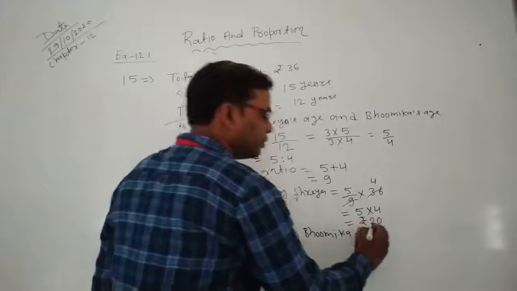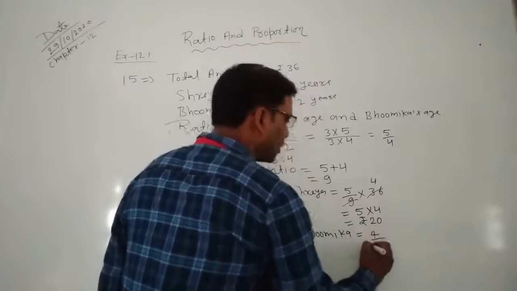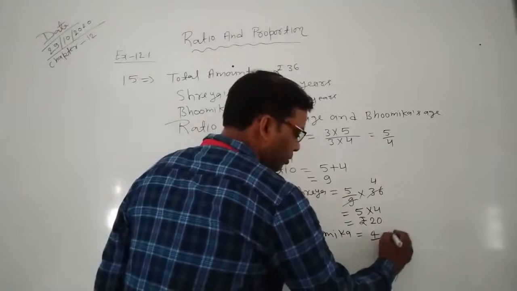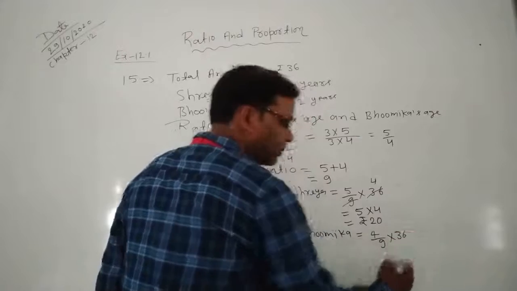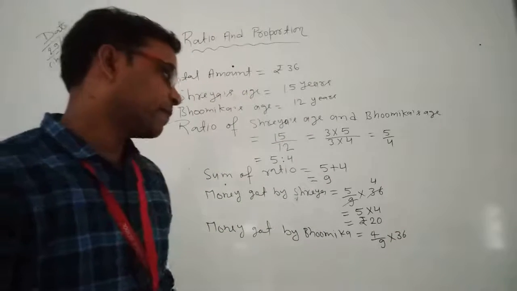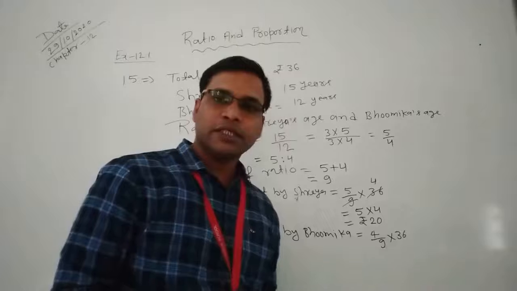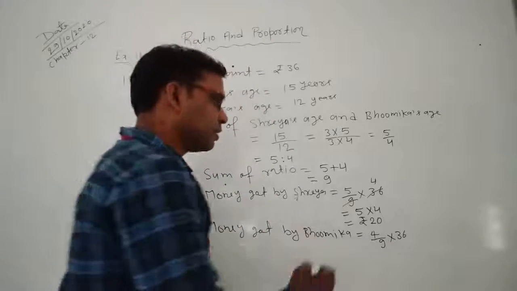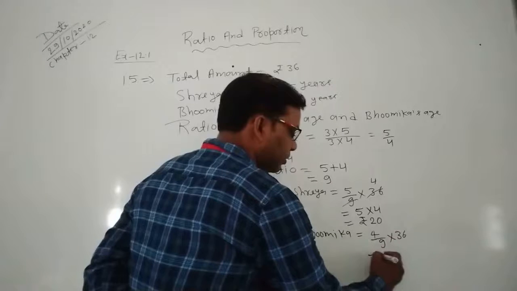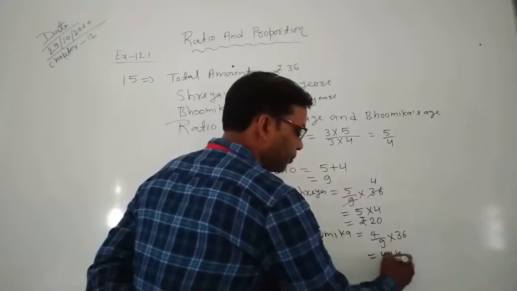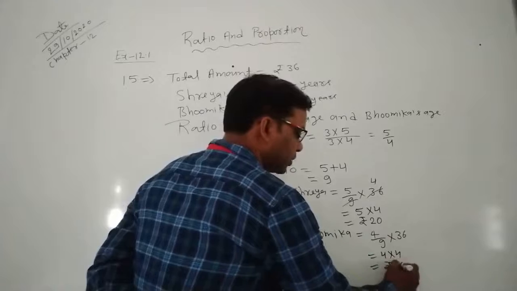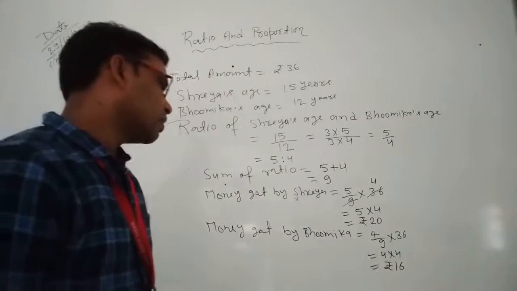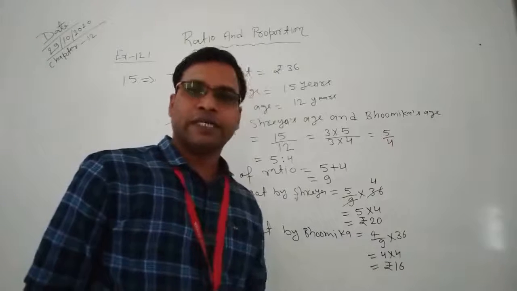So ratio of Bhumika by total ratio, total ratio is 9 here, into total amount. Total amount here 36. Okay. When you divide 36 by 9, then you obtain here 4. So here obtain 4 into 4. 4 4 is 16.